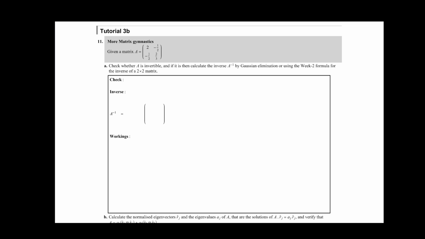To check whether a matrix is invertible, we need to work out the determinant. To work out the determinant of a 2 by 2 matrix, we do AD minus BC, where for a 2 by 2 matrix, this is A, this is B, this is C, this is D. So we're doing 2 times 2 over 3 minus a half times minus a half.